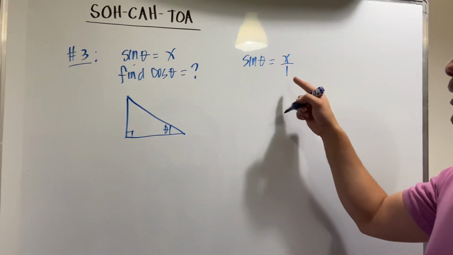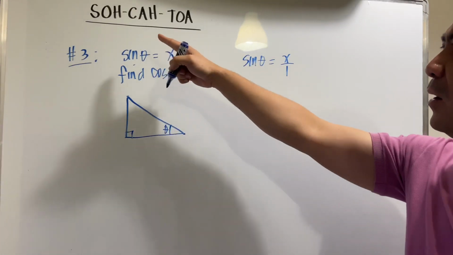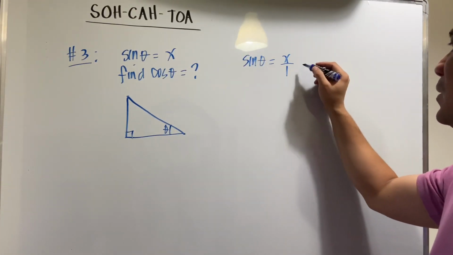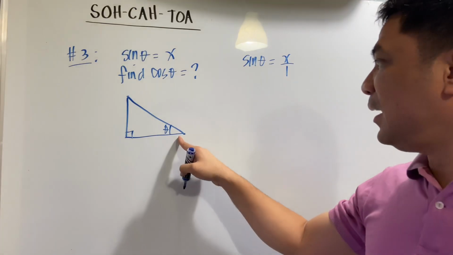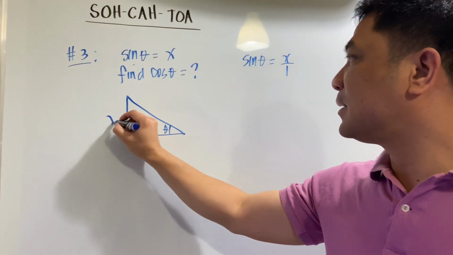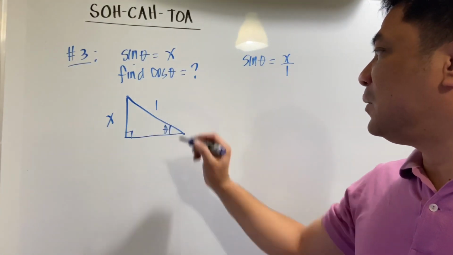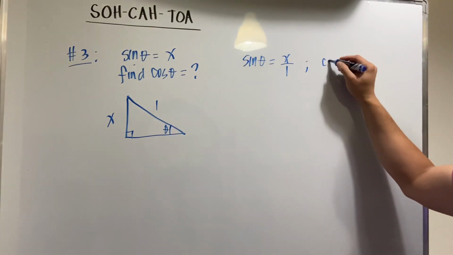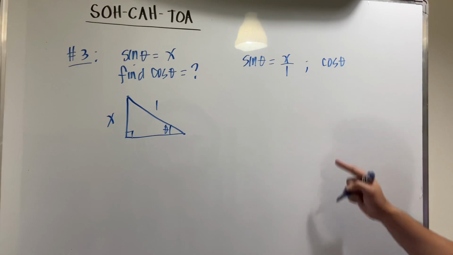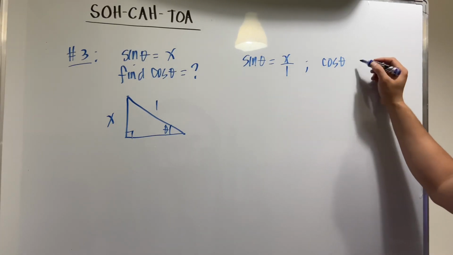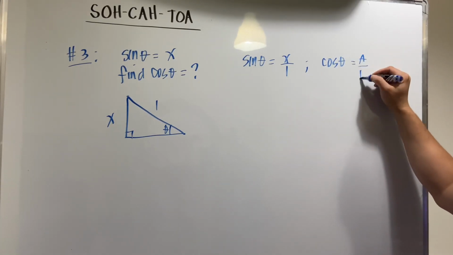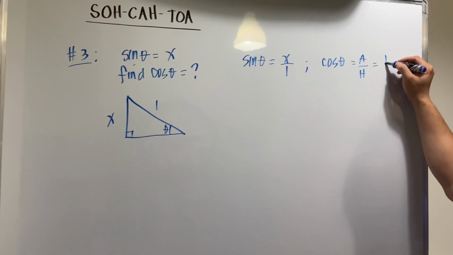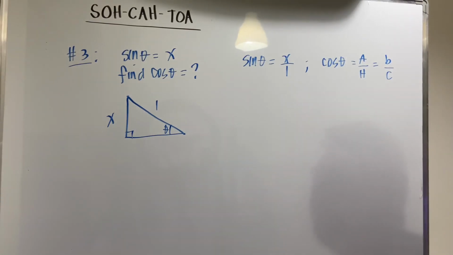Sine theta is opposite over hypotenuse. So if this is my theta, the opposite is x and my hypotenuse is 1. But we are asked to find the value of our cosine theta. Cosine is adjacent over hypotenuse, which is equal to B over C.